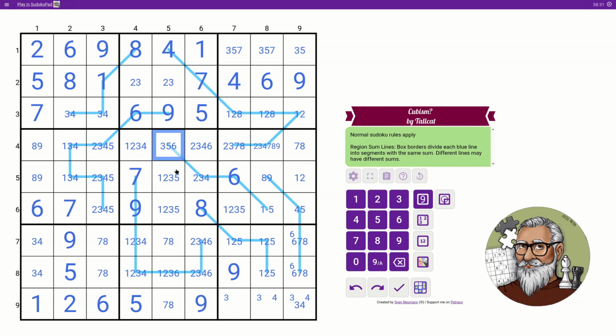Okay, so this can't be 5. But besides that, it could be anything, right? 7, yeah, 5, 2.